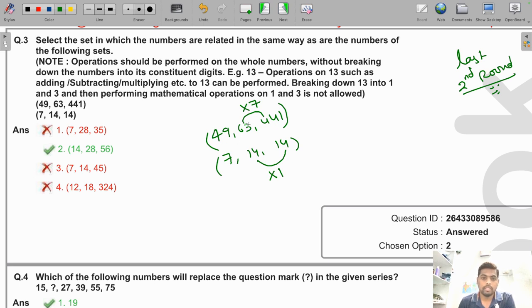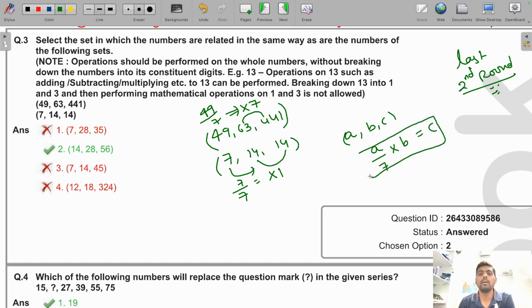This 7 comes like this: the first number divided by 7. 49 by 7 will be 7. Here also it will be 7 by 7, 1. So the pattern will be, if you say a, b, c, it will be a by 7 into b is equal to c. So this is the pattern.